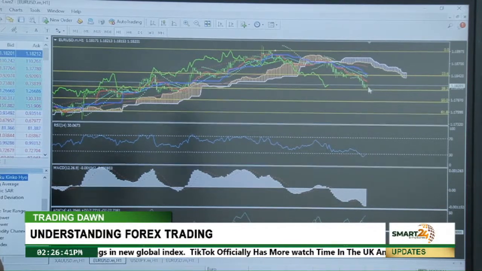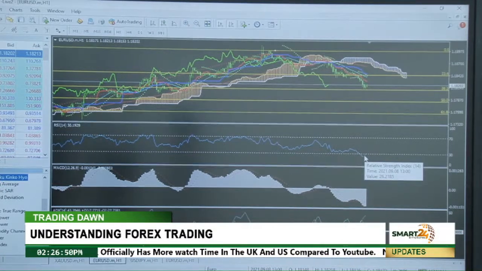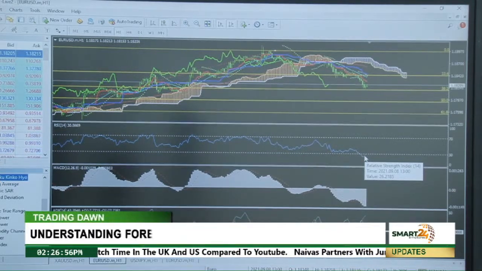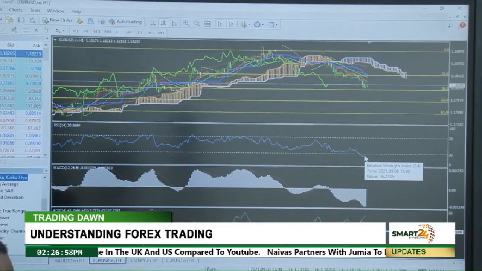When price starts digging below this period here, and then the RSI starts climbing above, then we start getting clear signals to exit this bearish trend and start looking forward for a bullish trend.